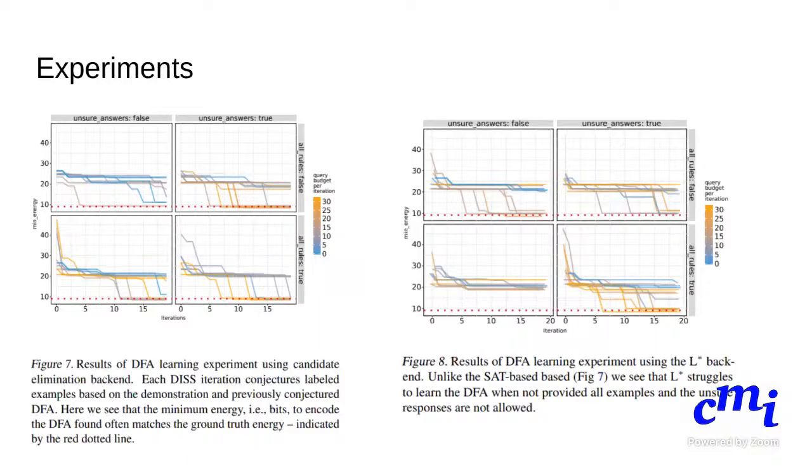What is being done on the right side? The right side is using L star in the backend, where we use LLM interactions. When you don't allow unsure answers in L star, versus when you do, unsure answers are there on both the left side and the right side. The right one uses the L star backend, whereas the left one uses the SAT solver backend, with candidate elimination.